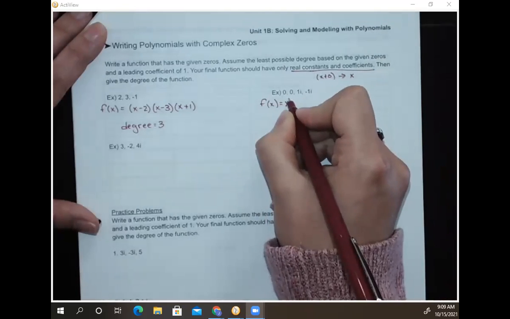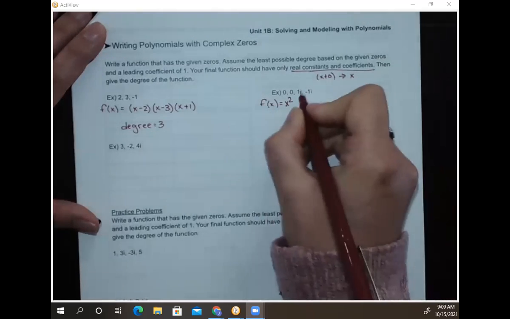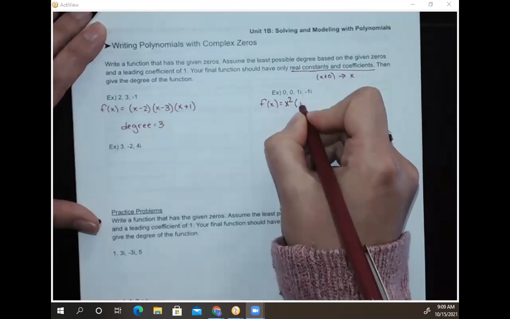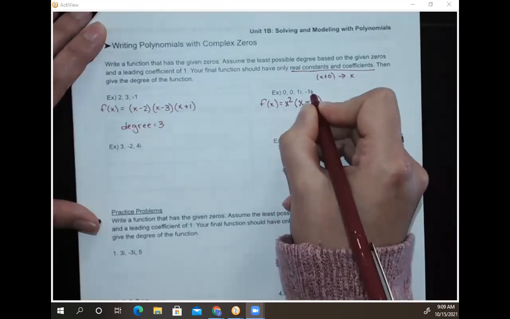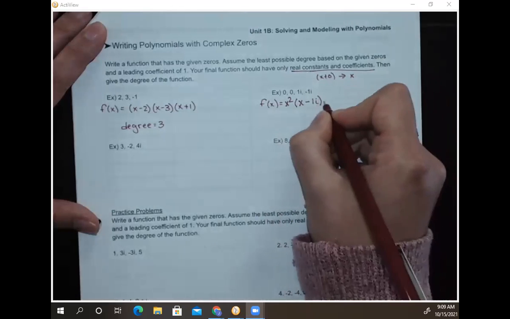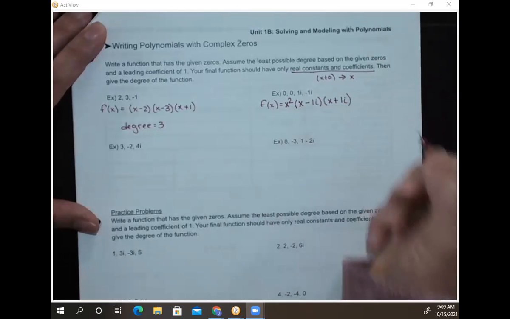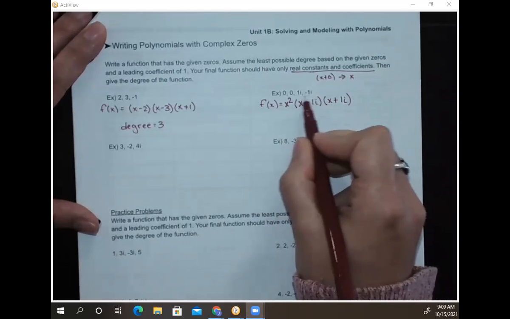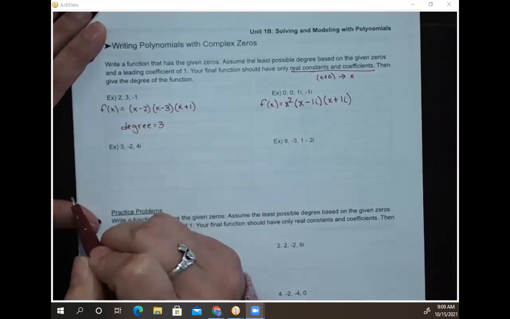Since I've got 0 listed twice, I have x squared. And then I've got 1i, so I would write that as x minus 1i. And then I've got negative i, which would be x plus 1i. So I treated these imaginary zeros the same way I treated my real zeros.